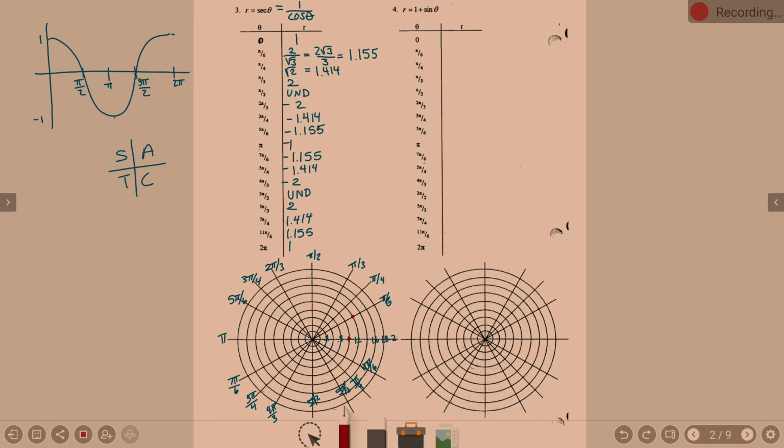Is this going to work? Pi over 4 and 1.4. Technically it's 1.414, but close enough, right? Oh, I guess that wasn't quite 1.2, was it? That's why that point is not making me happy.